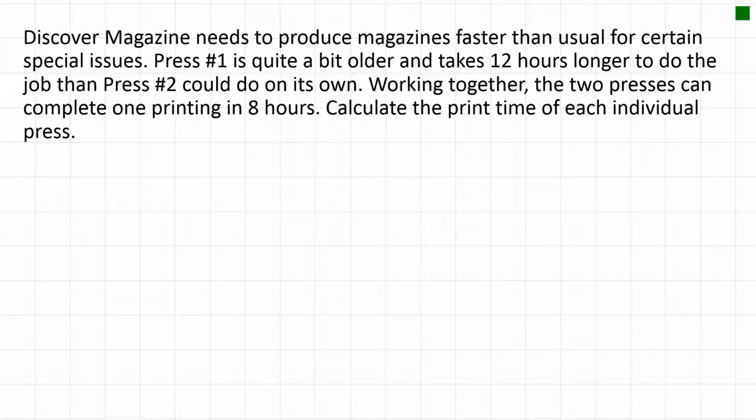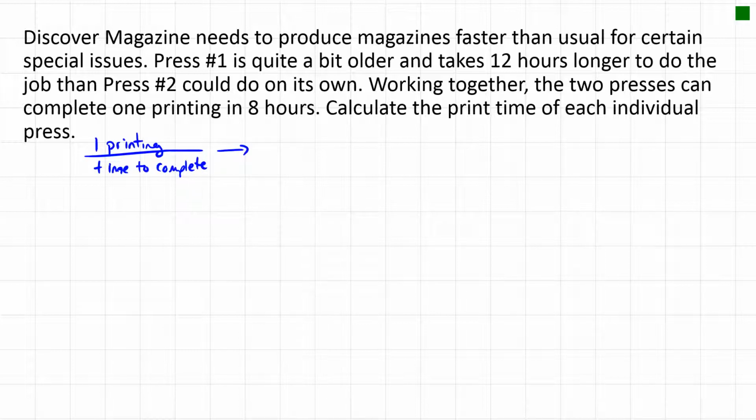So what adds is the rate that each can complete the job at, and rates are a thing in a certain amount of time. So what we're adding here is one printing per time to complete. That's what's adding.